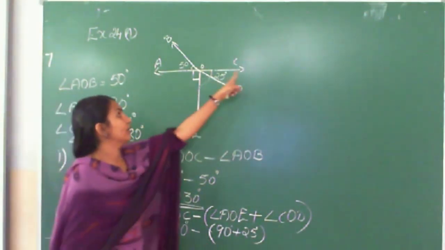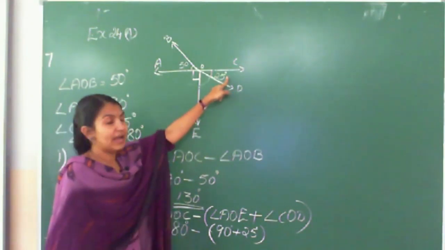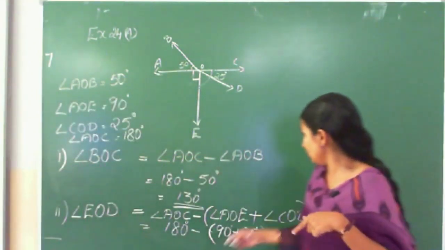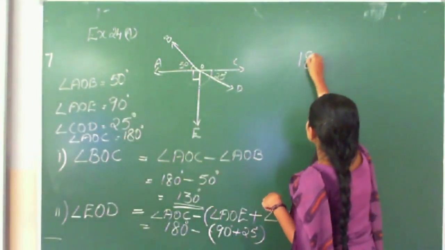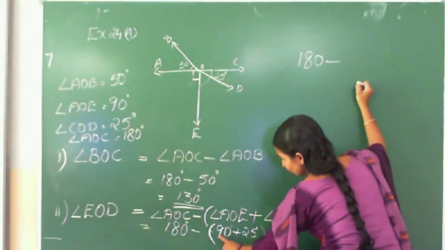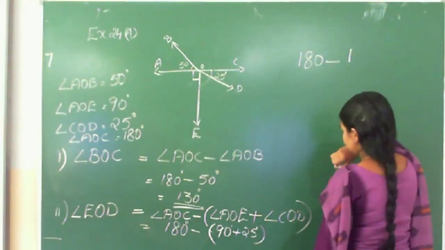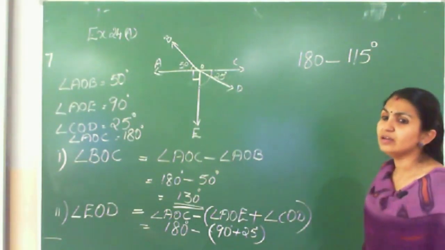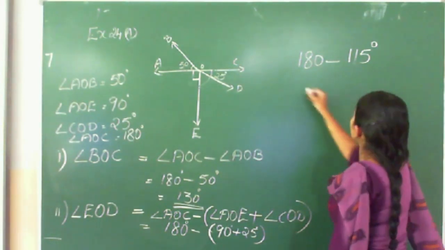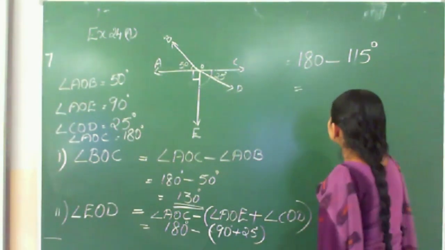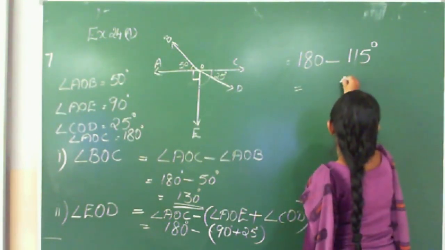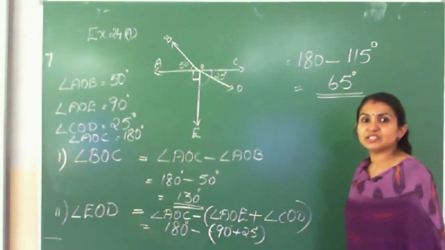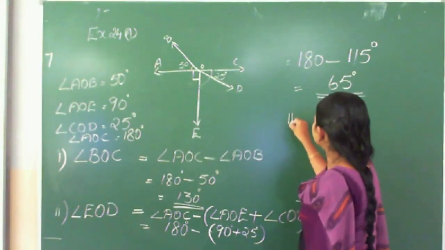From this total, we will add 90 plus 25 and then subtract, then we will get this angle, which is equal to 180 minus, adding these two, 115 degrees, which equals 65 degrees.